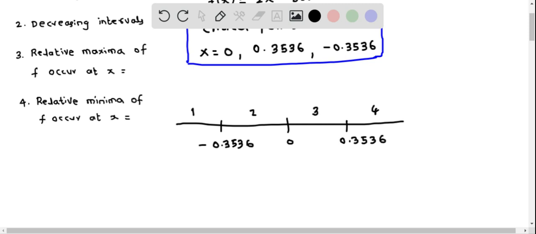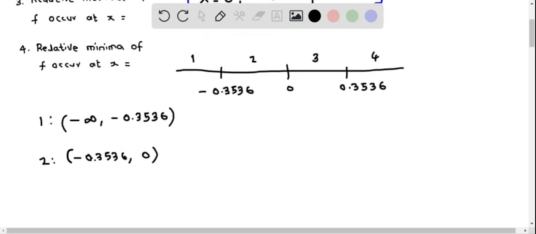The first interval is from negative infinity to negative 0.3536, and the second interval is from negative 0.3536 to 0.